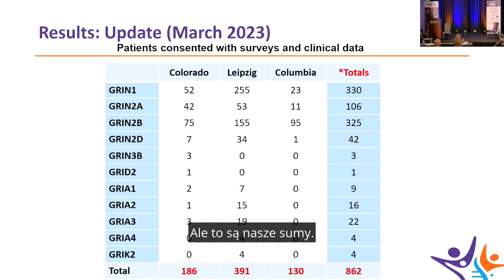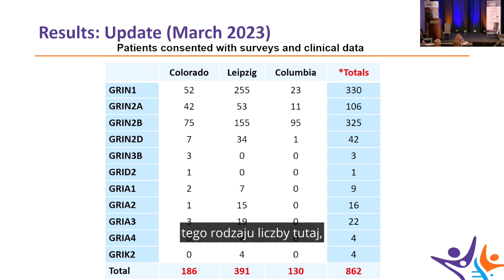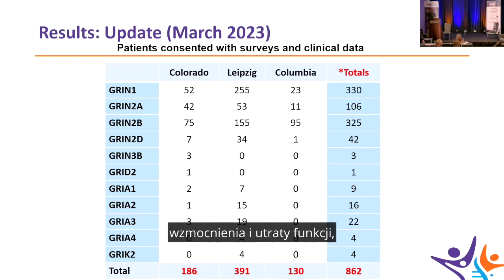But these are our totals. This is important because now that we have these numbers, we think we have enough to start making comparisons between a group with these symptoms and a group with those symptoms, on the spectrum of gain and loss of function, and we can start to make some sense of all of this.